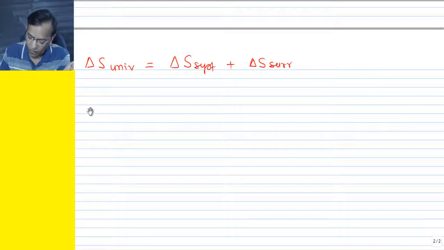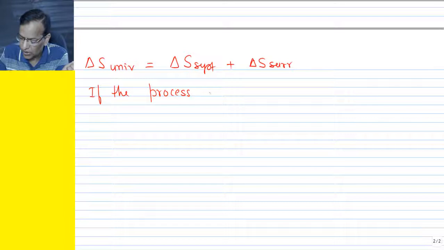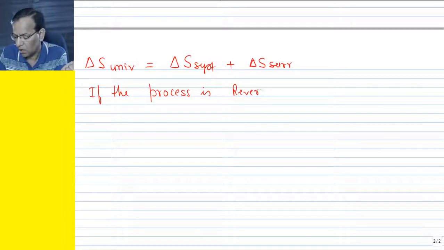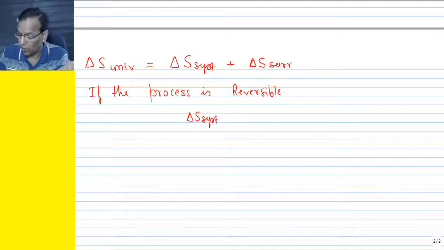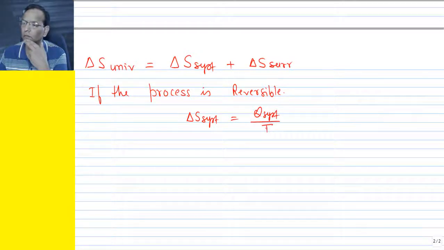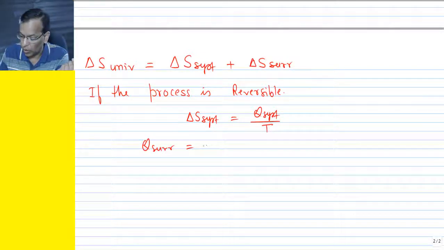See, if the process is reversible, then we can say that delta S system will be equal to Q system by T. Since the process is reversible, Q system will also be Q reversible divided by T will be delta S. Also, Q surrounding will be equal to minus Q system.